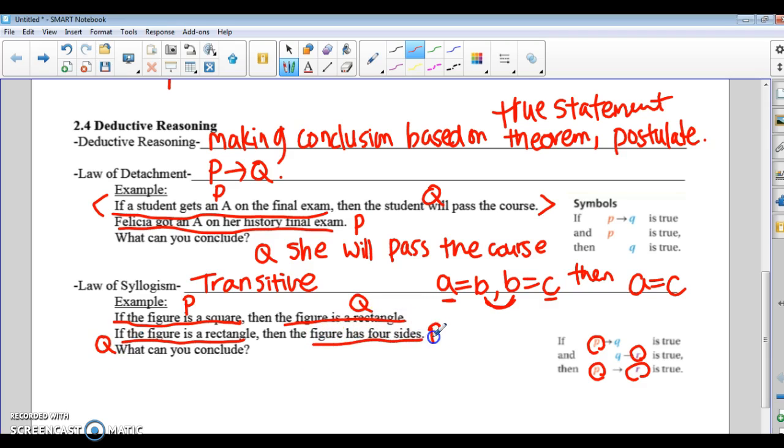That's R. Then what conclusion can I make? So P then Q, Q then R, then my conclusion will be P then R. What does that mean? If the figure is a square, then the figure has four sides. Please write that down.